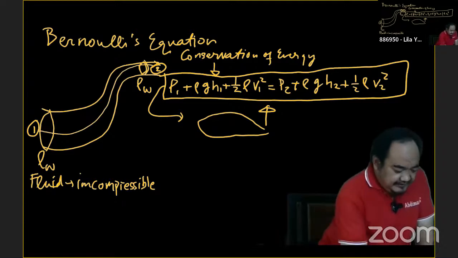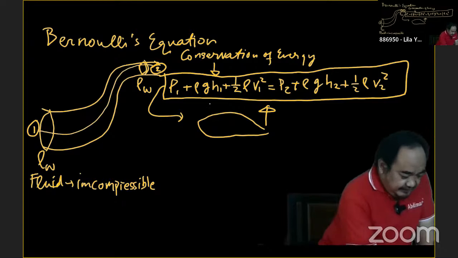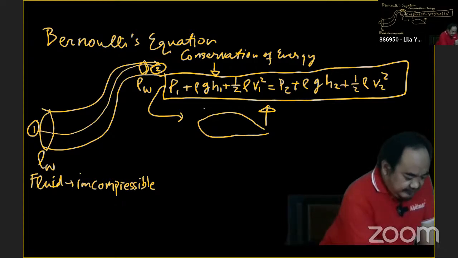To reach this buoyance, on the top of the wing the pressure has to be smaller than the bottom.